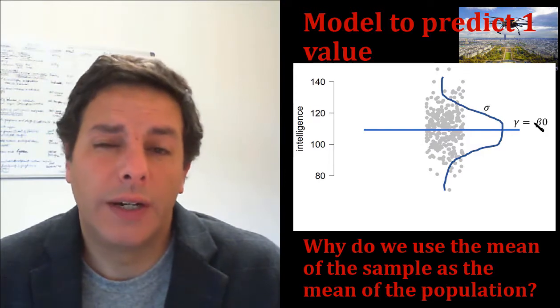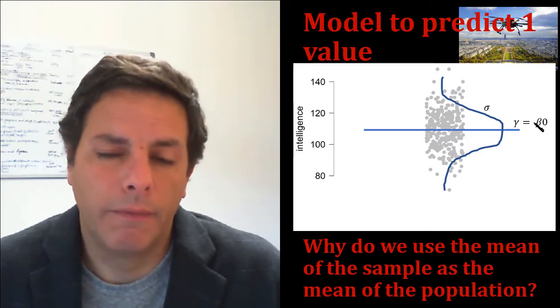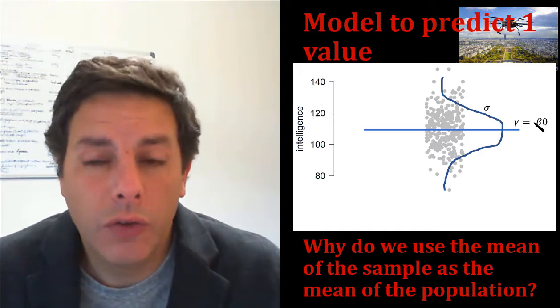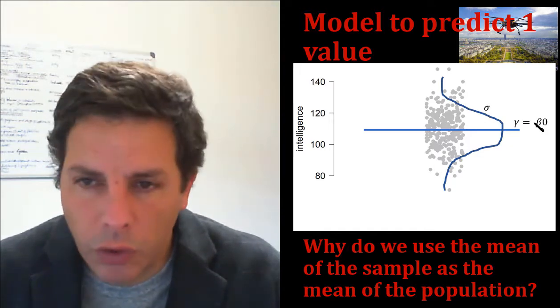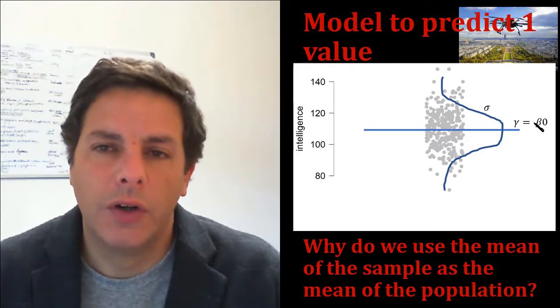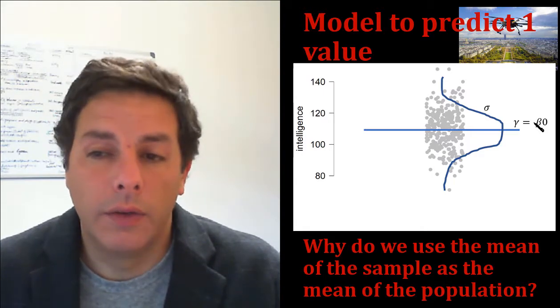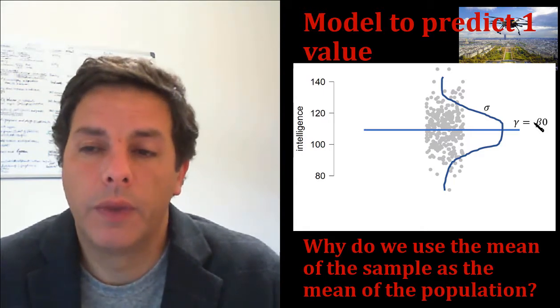But in order to estimate the population, you divide by n minus 1. Okay, and why do you do that? No other reason than that it gives the best estimate of the standard deviation of the population by doing simulations.